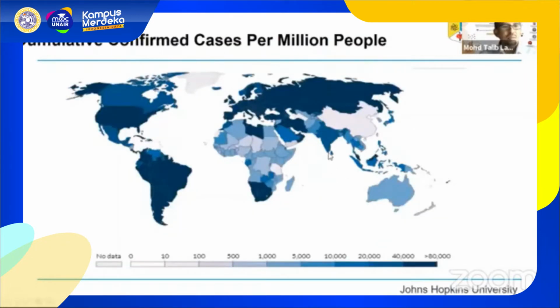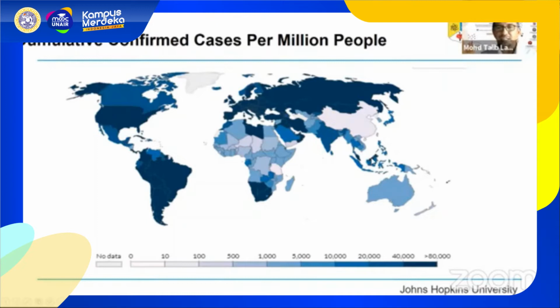So this is cumulative confirmed cases per million people. I just want to mention the number of cases. You can see the USA, Russia, most of South America, and also Iran and South Africa. But our number of confirmed cases per million people in Malaysia is actually more blue than Indonesia.